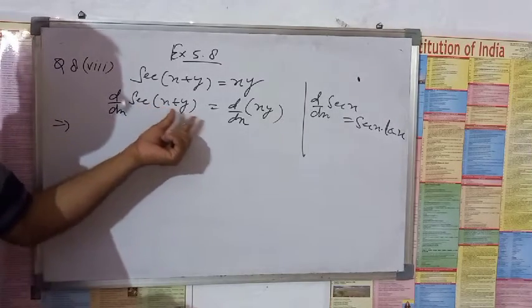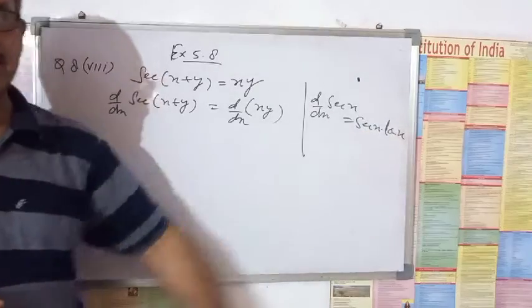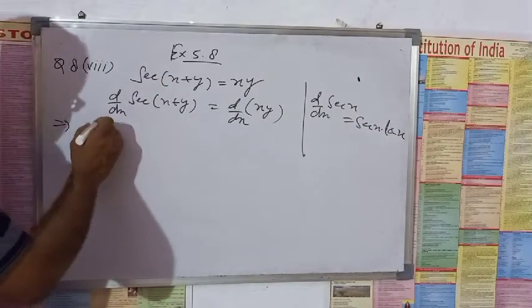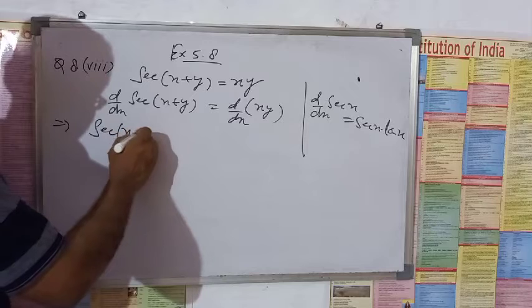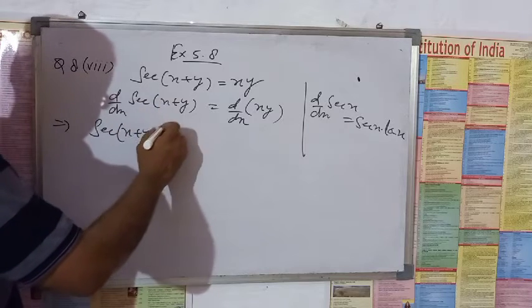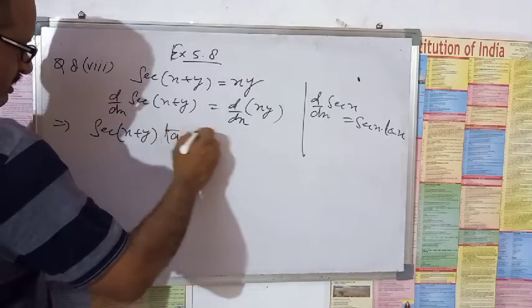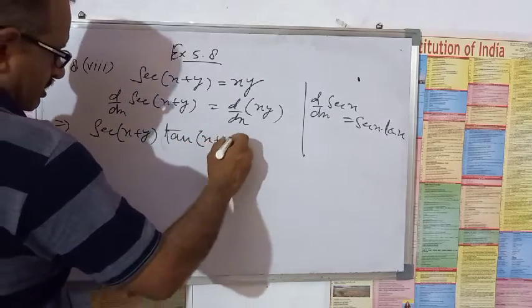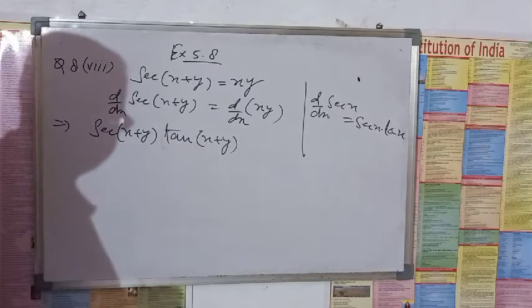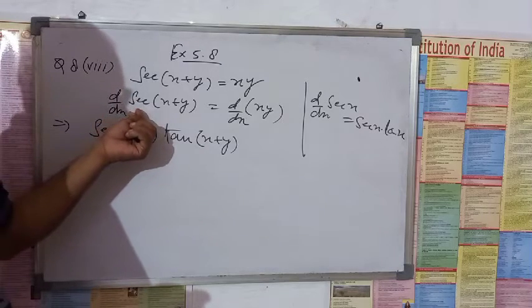So we will write sec(x plus y) into tan(x plus y). So derivative of sec(x plus y) is sec(x plus y) into tan(x plus y).